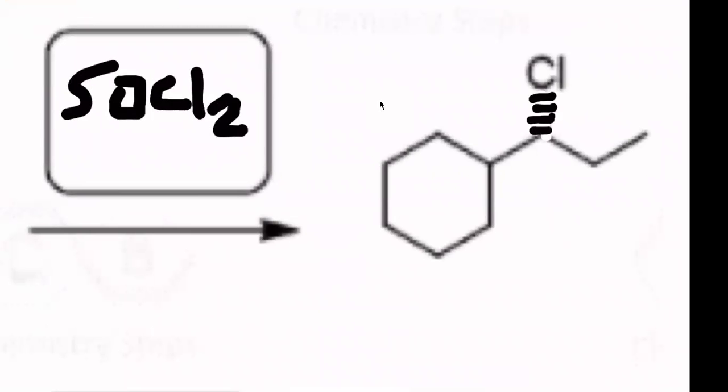Right? So the chlorine is on a dash, and then the OH is on the wedge. So that's another clue that it's SN2. Right? You always get this inversion of stereochemistry.